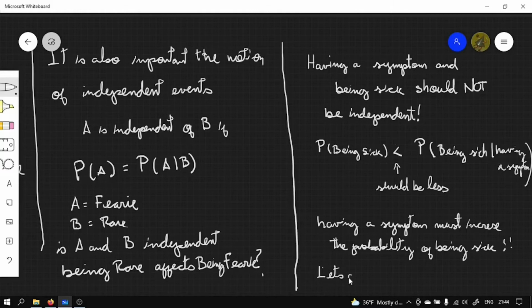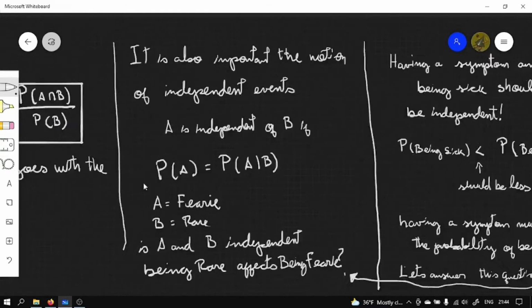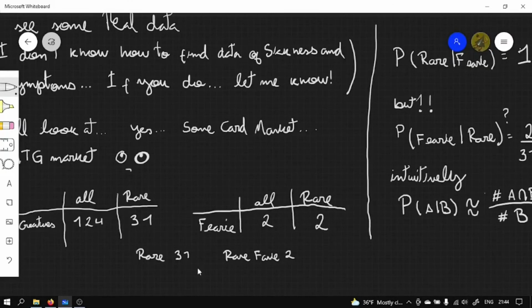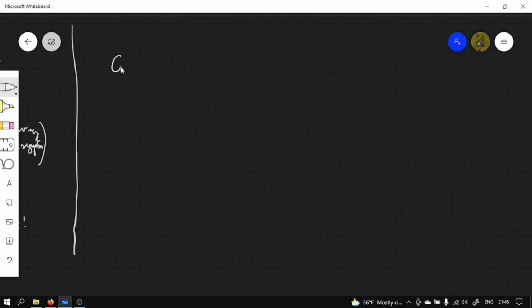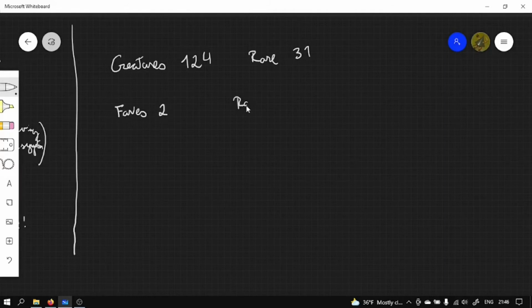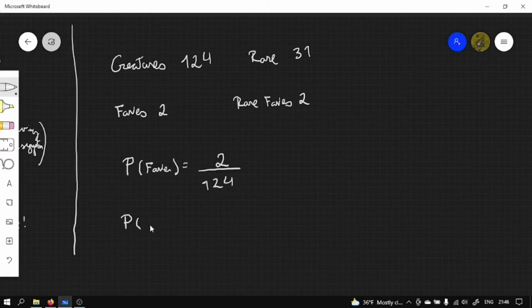So in the case of being a fairy, let's copy again all the data we have. We have 124 creatures, 31 are rare, 2 fairies, and 2 rare fairies. So the probability of being a fairy was 2 over 124, the number of fairies over the number of all creatures.